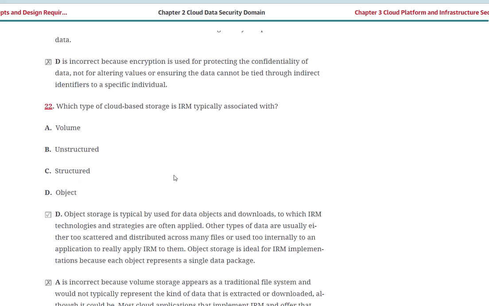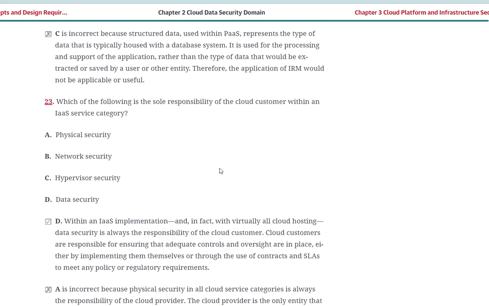Question 22. Which type of cloud-based storage is IRM typically associated with? And the correct answer is object. Question 23. Which of the following is the sole responsibility of the cloud customer within an infrastructure as a service category?